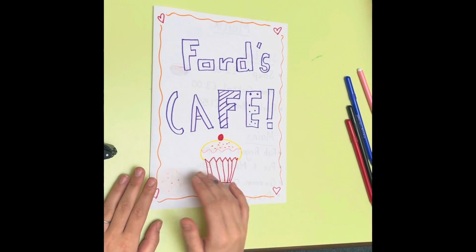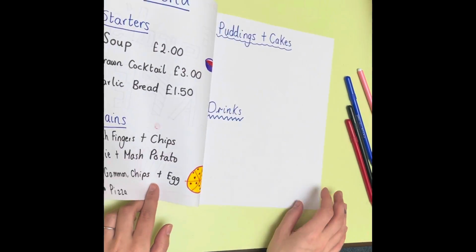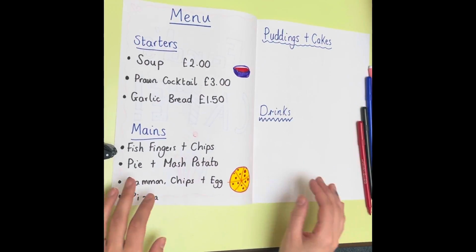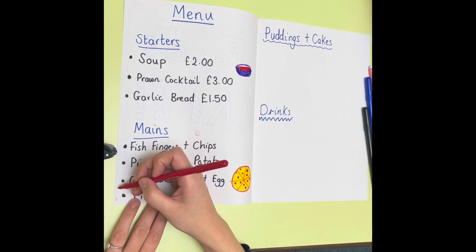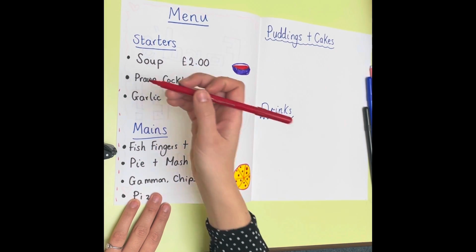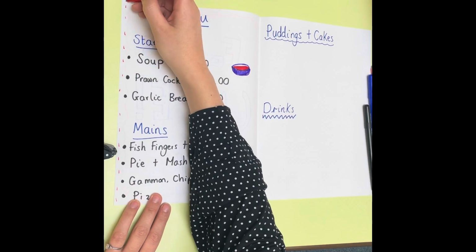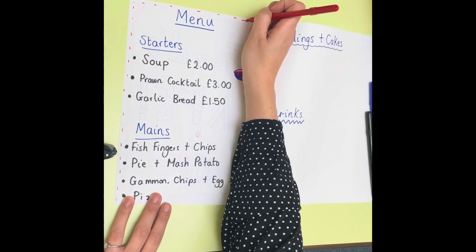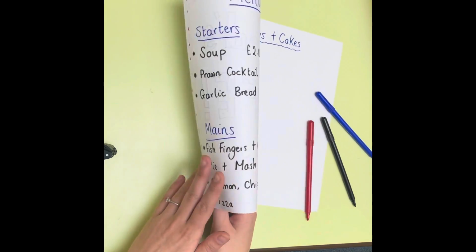It's completely up to you because it's your cafe. There we go. You might want to include a border on the inside of your menu as well to make it look really attractive for your customers. Give it your best shot.